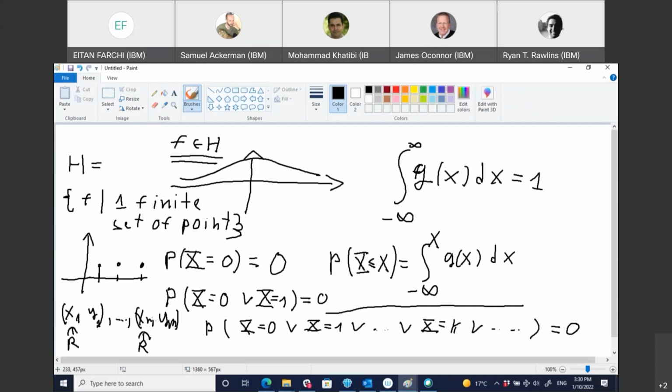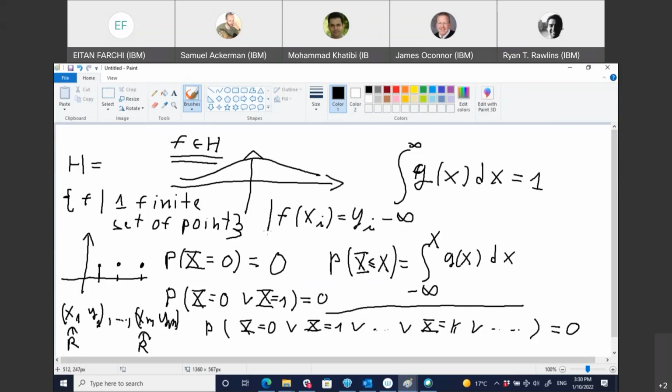So the way I determine yi is I calculate f of xi, and it's equal to yi. Because f is coming from h, if xi is one of the finite points in which f is 1, then yi is going to be 1.